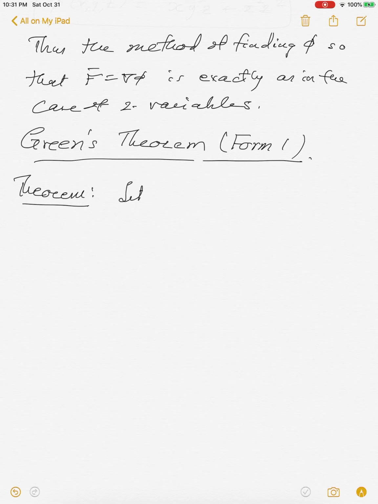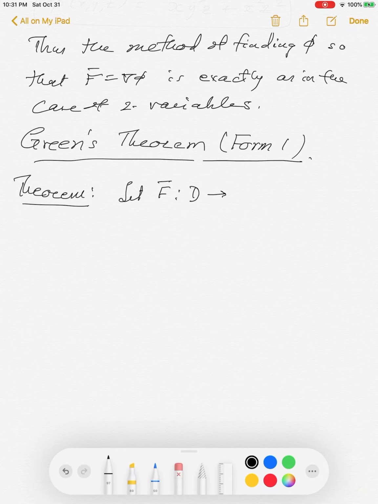So let's take again a function which is of class C1 on a region D. This is for 2D, so I will mention this theorem only in 2 dimensions.